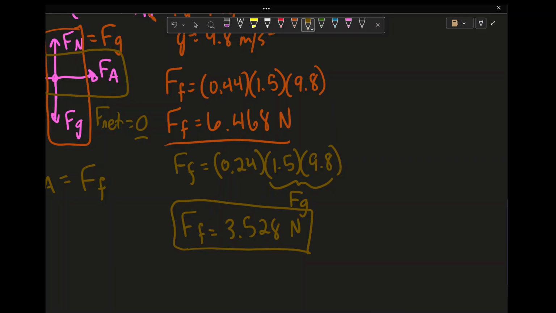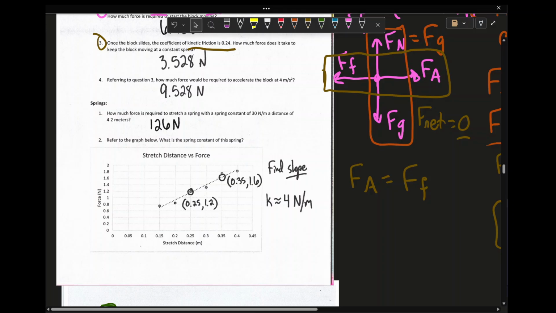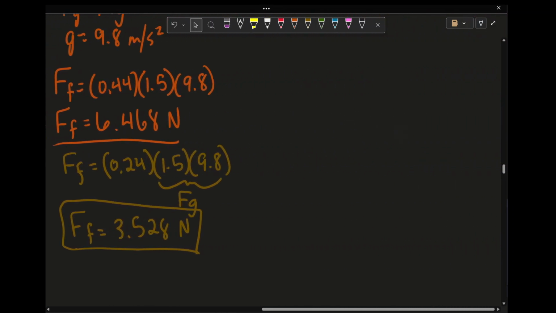Well, let's pretend that we're playing around in perfect physics land where there is no friction. Let's think about what would happen if there was no friction in this scenario. So number 4, what would happen if we wanted to accelerate the block at 4 meters per second squared in a scenario in which there was no friction?